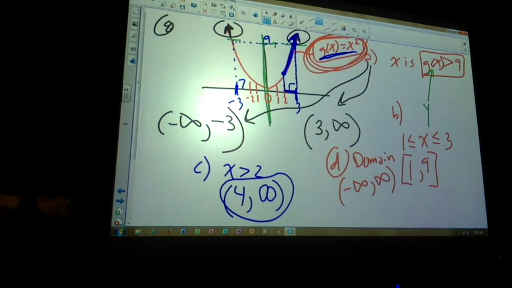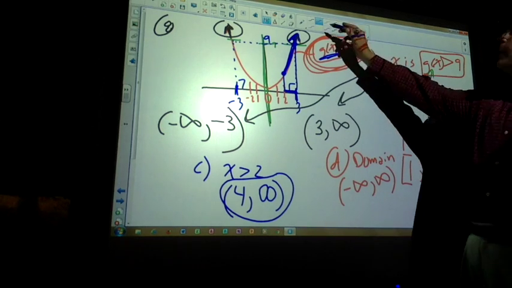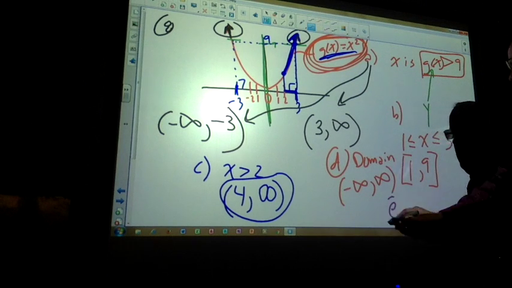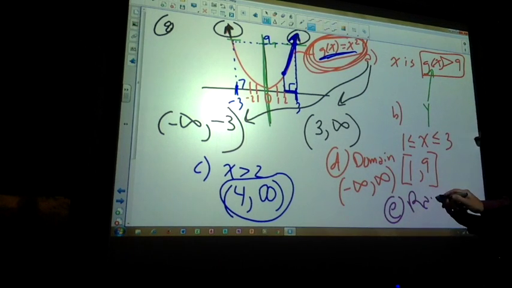And then what is the range? Letter E, the range. Take a look at our graph. It's continuous, I draw it continuously, but what's the minimum value I'm going to get in the y direction? 0, everyone agree?